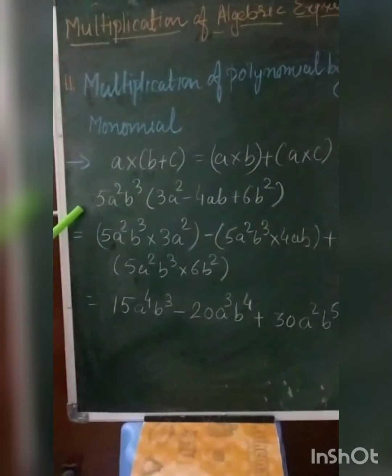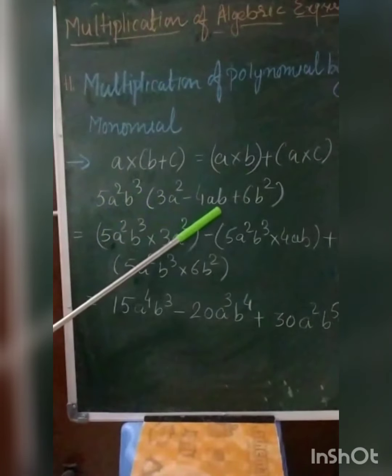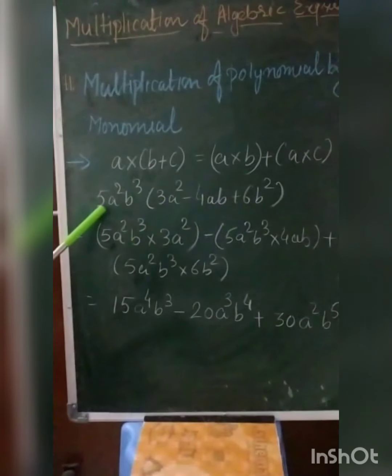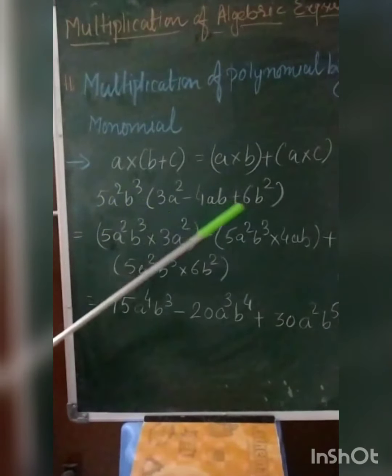Now we are taking an example, which is 5a square b cube multiplied by 3a square minus 4ab plus 6b square. We have to distribute this 5a square b cube to this polynomial.